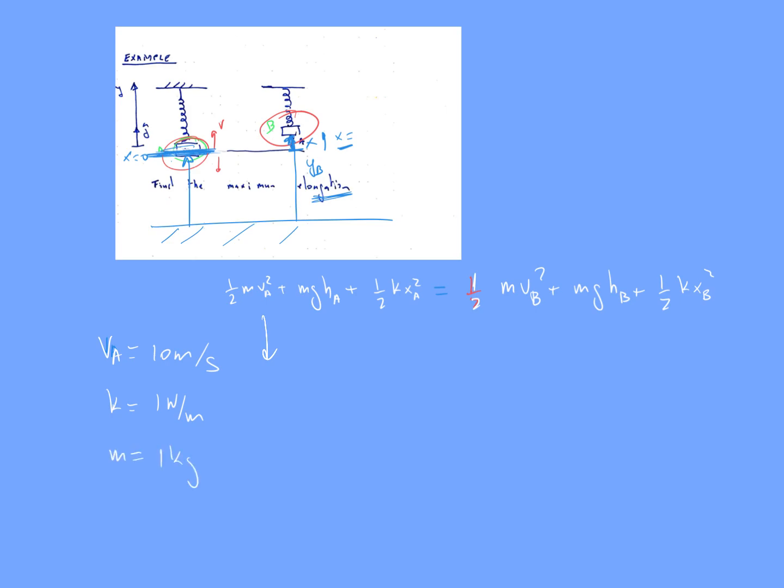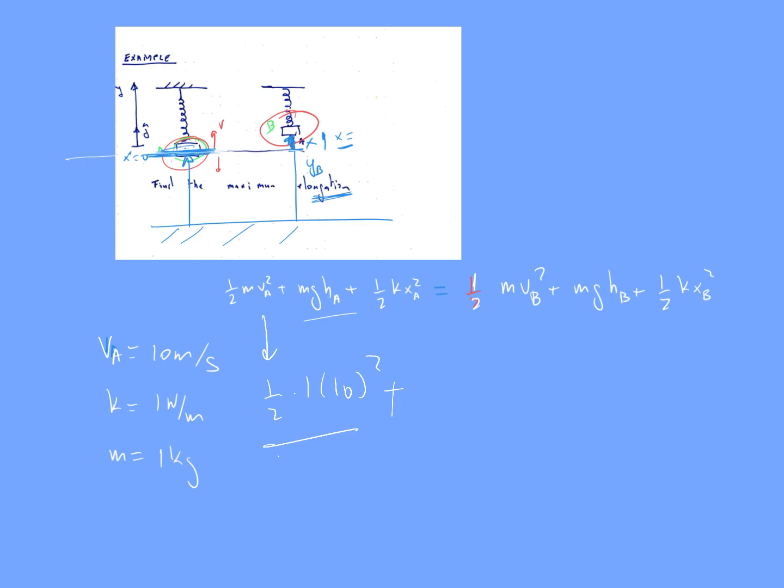So at the point A, you have kinetic energy. How much? 1/2 the mass by the velocity squared, 10 squared. You have this amount of joules at the position A. At the position A, you have m g h_A. Let's choose the floor on this level.